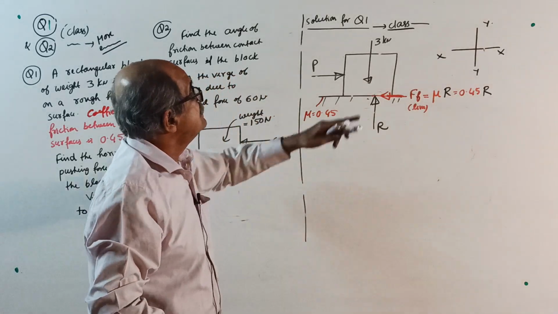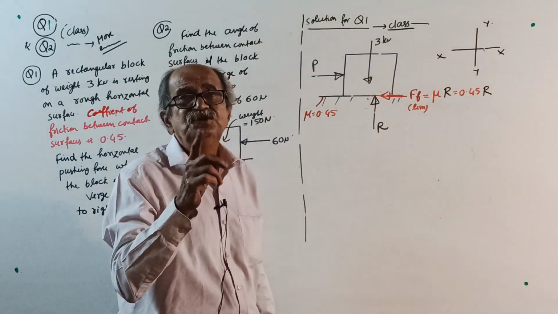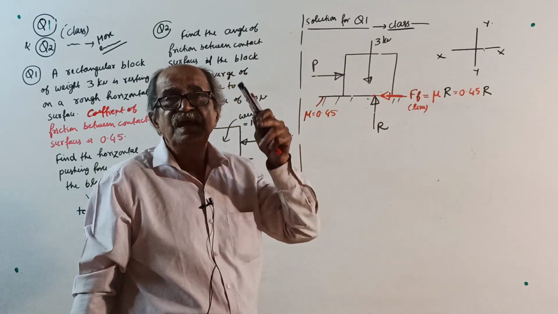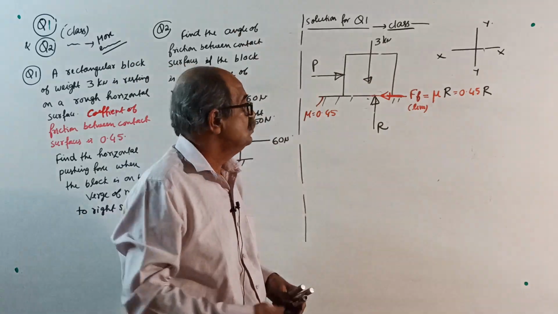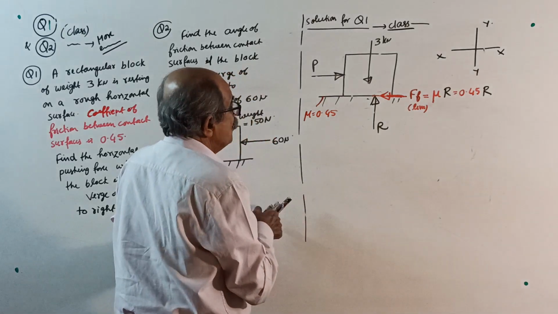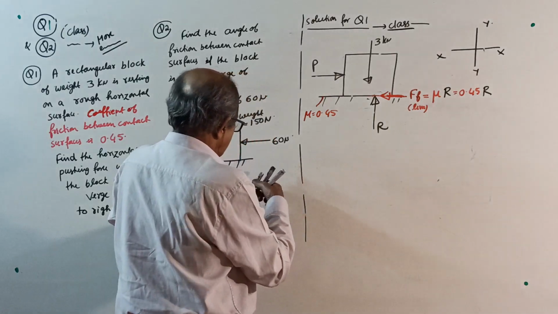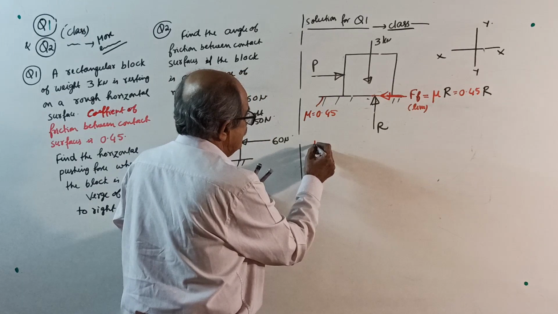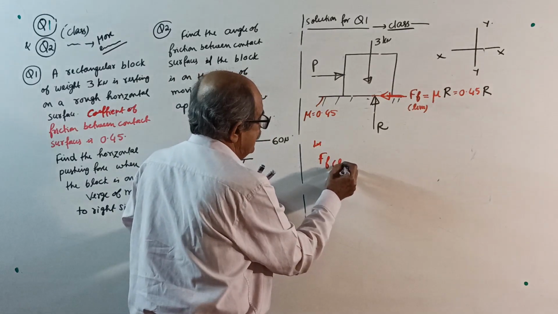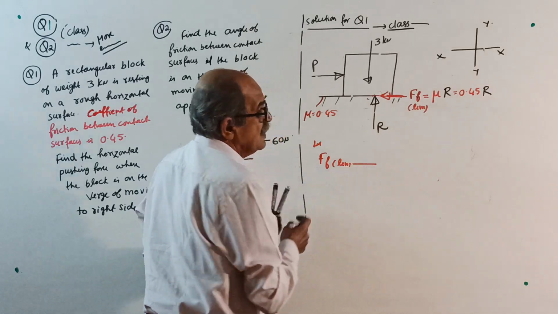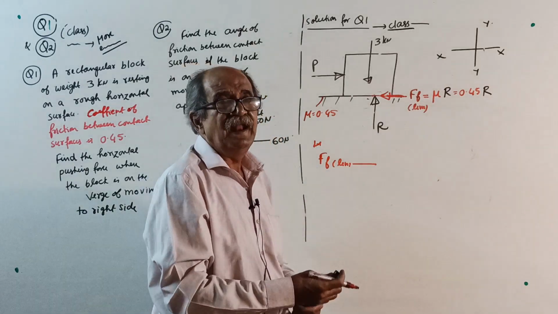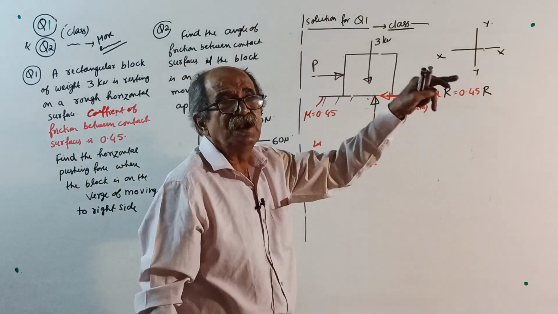Once again, since the block is on the verge of moving, this is the case of limiting friction. So, the limiting frictional force, you should write there in the solution, let F limit be the limiting frictional force which will be in a direction opposite to the motion.